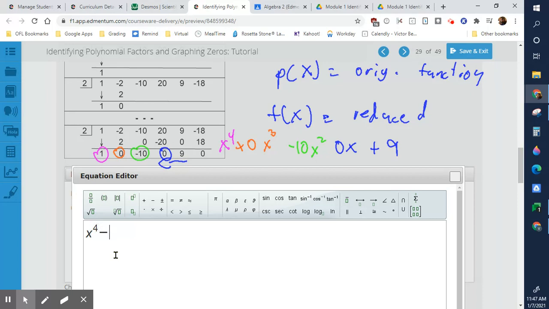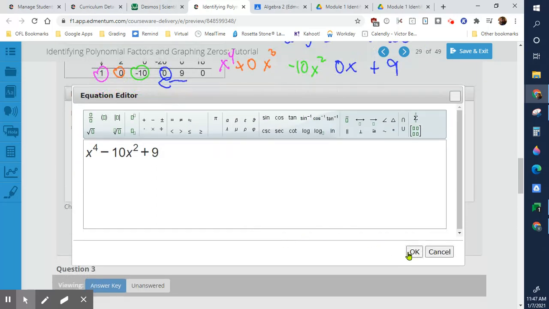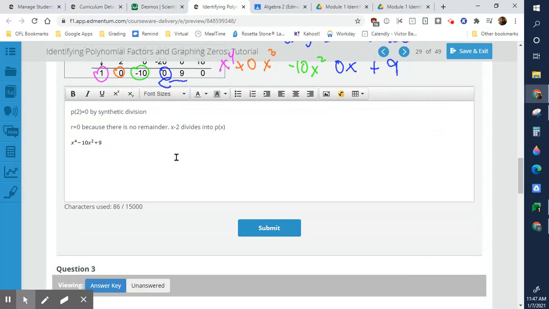Using numbers from synthetic division, and placing x's in order from right to left instead of left to right.